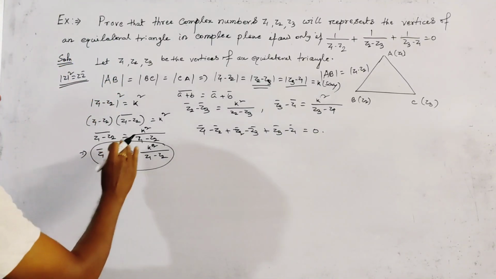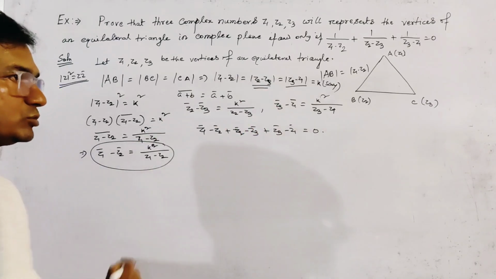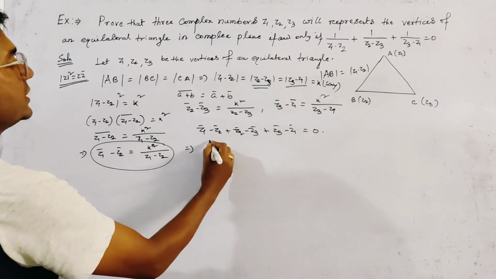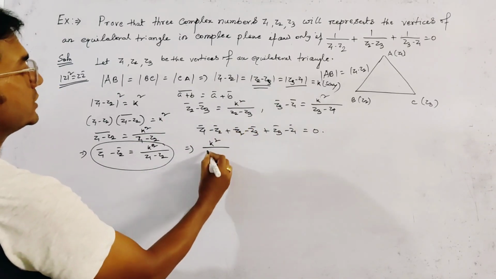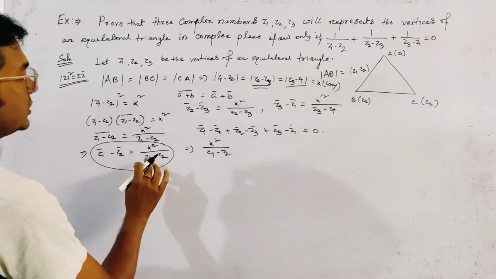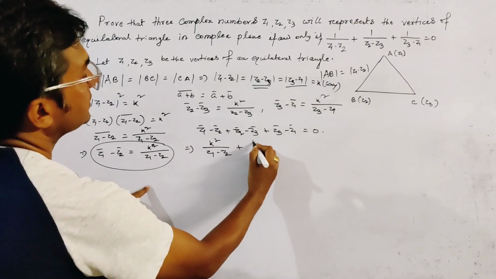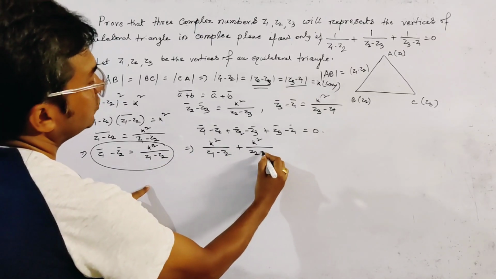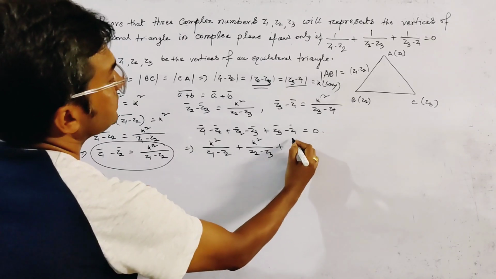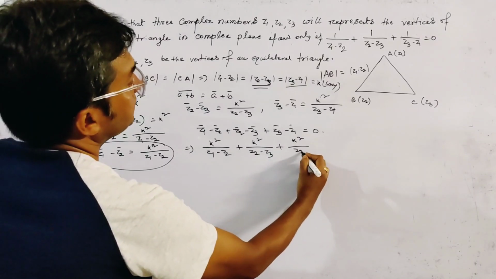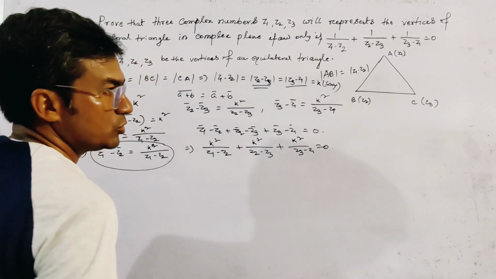Since the left hand side of this sum is equal to 0, the right hand side must also be 0: K square by Z1 minus Z2 plus K square by Z2 minus Z3 plus K square by Z3 minus Z1 is equal to 0.